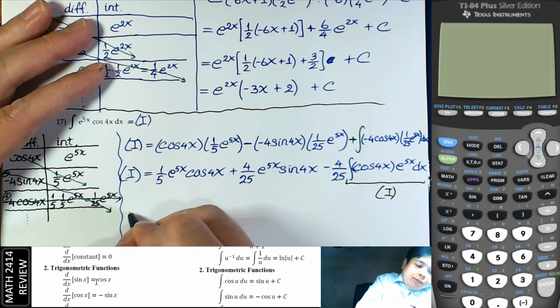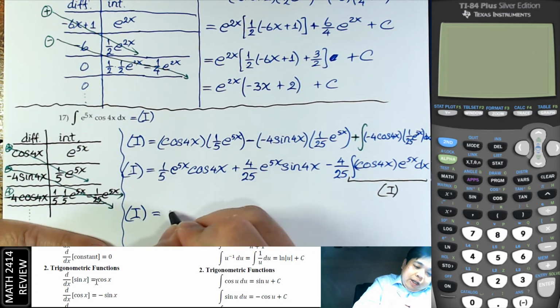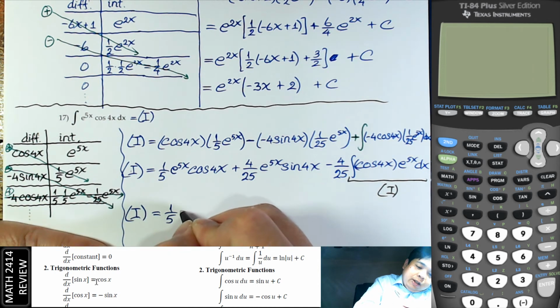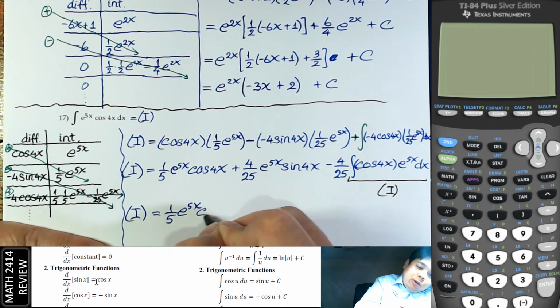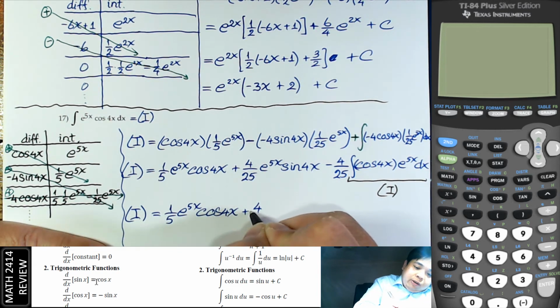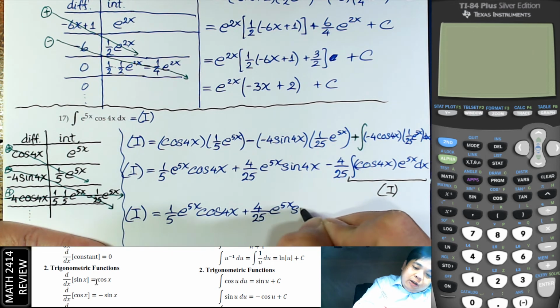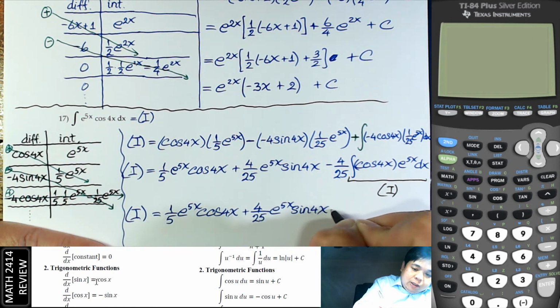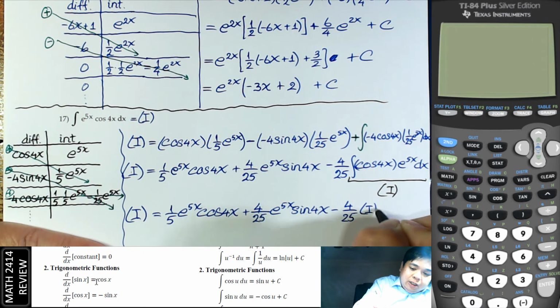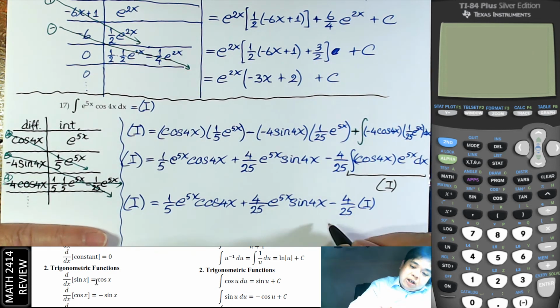Right, so I equal to 1 over 5 e to the 5x cosine 4x plus 4 over 25 e to the 5x sine of 4x minus 4 over 25 I. Now we solve for the integral I, so I move that on both sides.